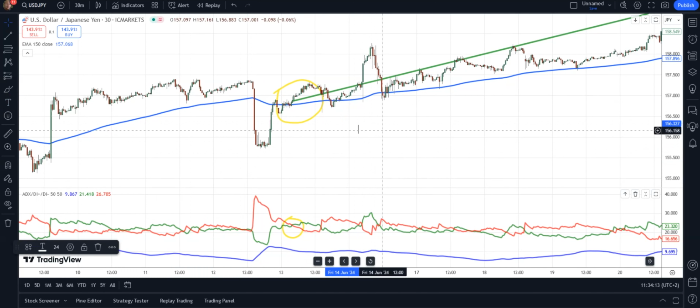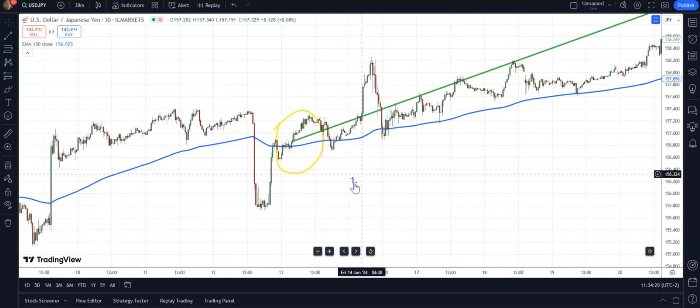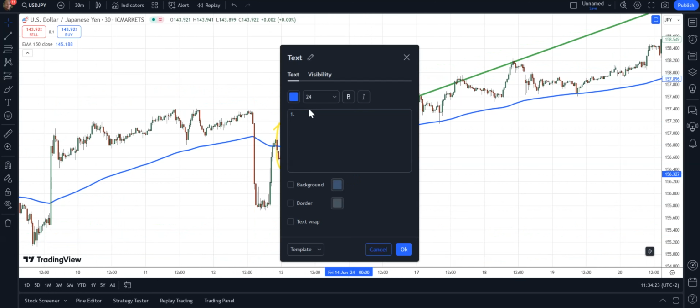The first rule is when the ADX, which is 50 period and 50 smoothing, is above 10.